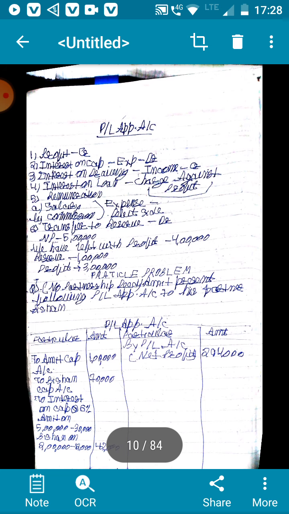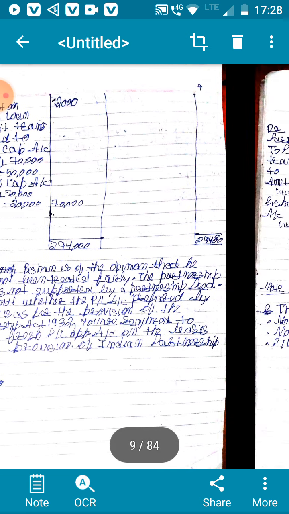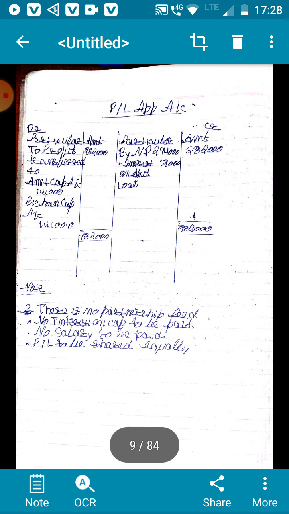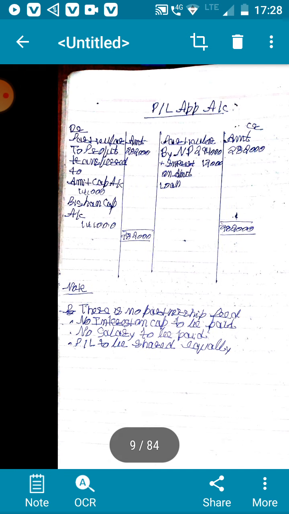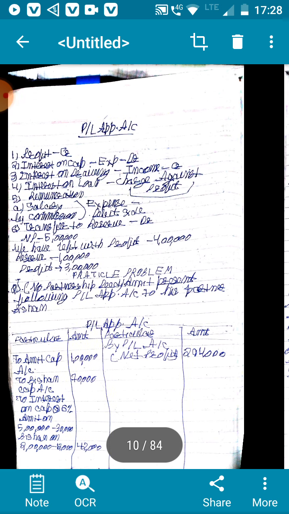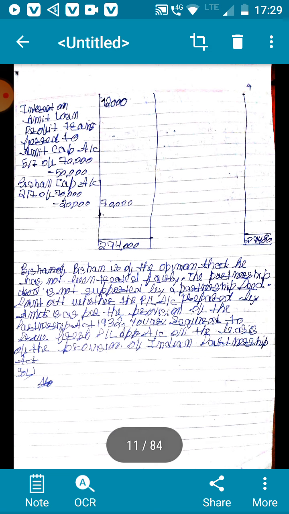And as mentioned in the question, there is no partnership deed. We can't give interest on capital, interest on drawings or salary, because there is no partnership deed.